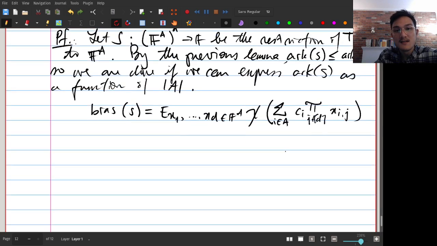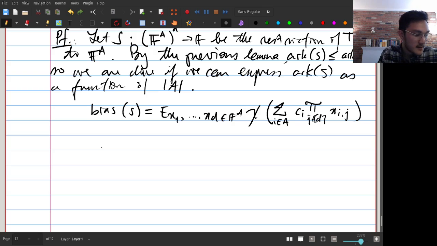Okay, because it's non-zero if and only if it's on this diagonal where x1 through xd are the same. So yeah, I think you know what I'm trying to say. Okay, this is going to be the same, and so it's like a one-dimensional sum instead of a many-dimensional sum.